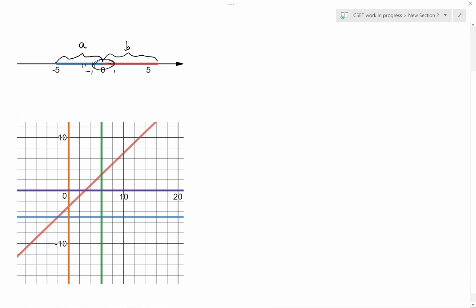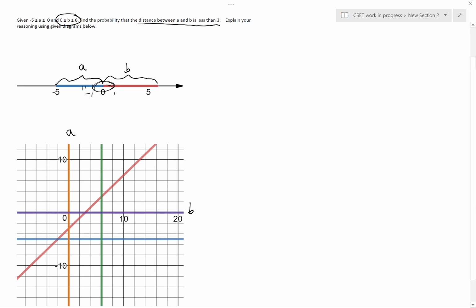But if we draw it on a graph like this, where we consider a and b here, we could consider the probability graphically, which would make our lives a lot easier. And you can see they already have graphed it, so they made a the y-axis here, because they've got this line here is -5, and this is 0.